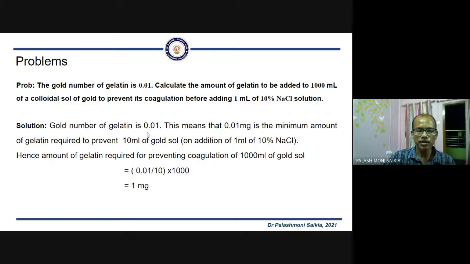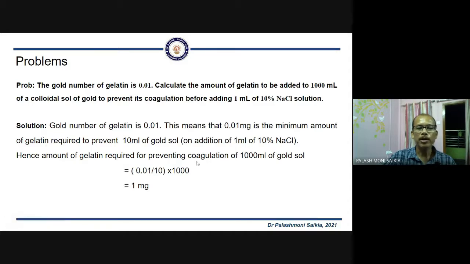What does it mean? This means that 0.01 milligram is the minimum amount of gelatin required to prevent 10 ml of gold sol from coagulation on addition of 1 ml of 10% NaCl. That is the basic definition of gold number. So if you add 0.01 milligram, 10 ml of gold sol can be prevented from coagulation.